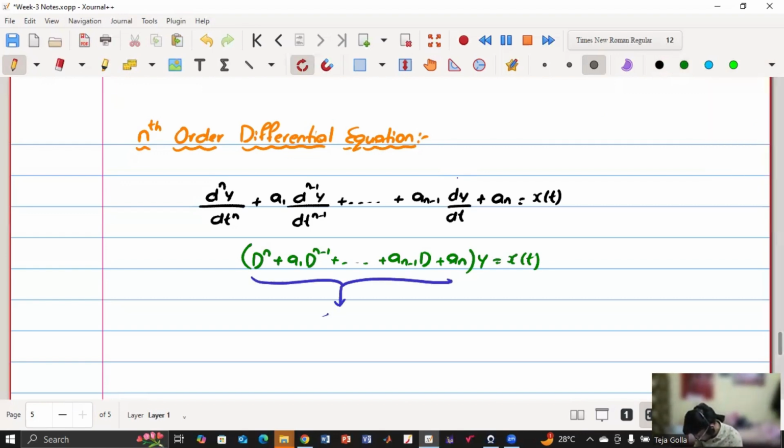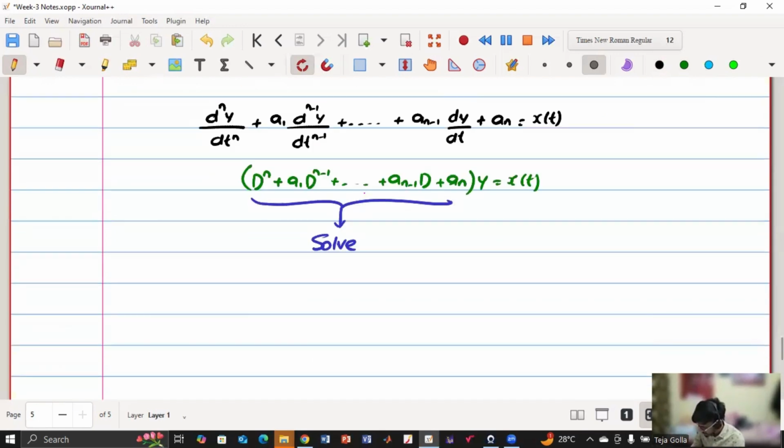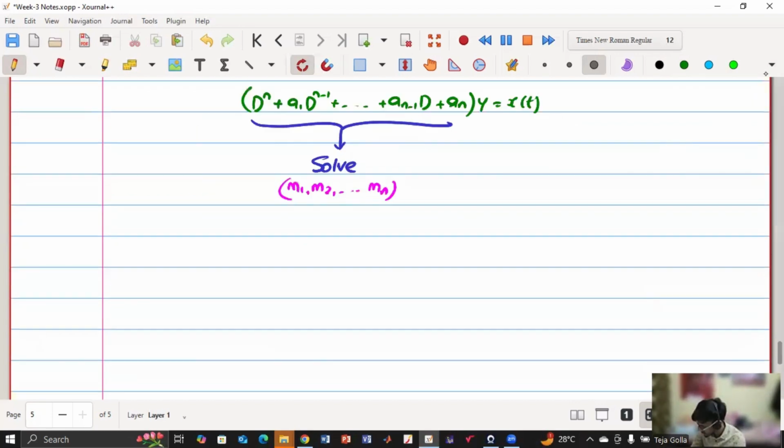Say the roots are m1, m2 up to mn. The first thing is case one, which we have considered: all roots are distinct, which is the very basic case.